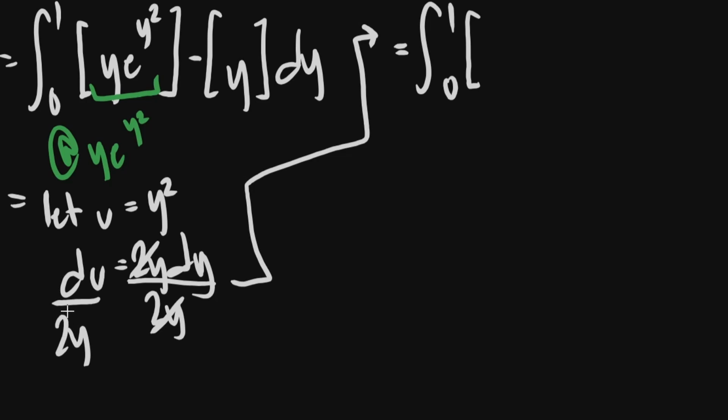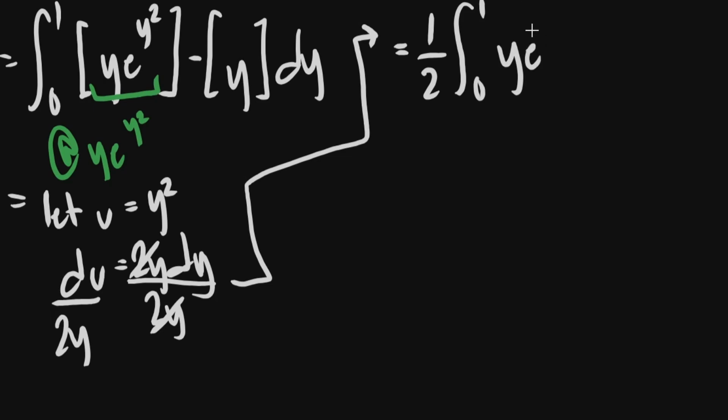So since it is equal to the du here, we should do 1/2, integral from 0 to 1 of y e raised to u, since we let u be y squared, and then du over y.